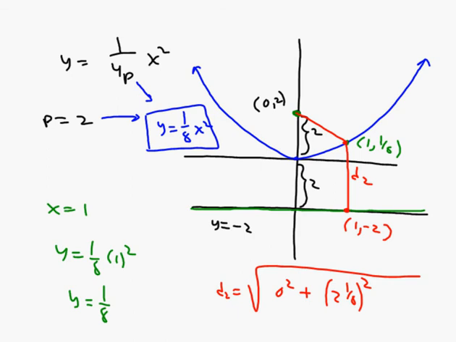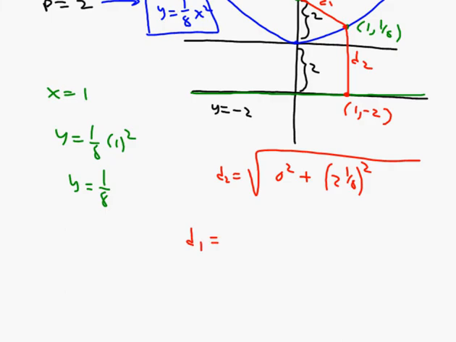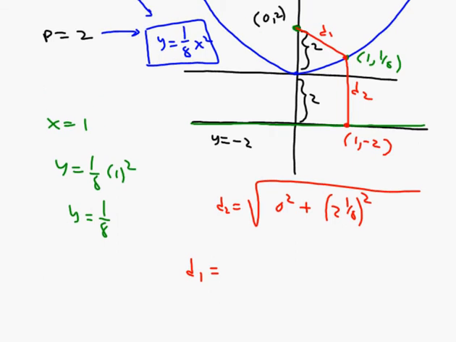Let's get distance 1. We know both points already, so it's going to be the square root of 1 minus 0, quantity squared, plus 2 minus 1/8, quantity squared.